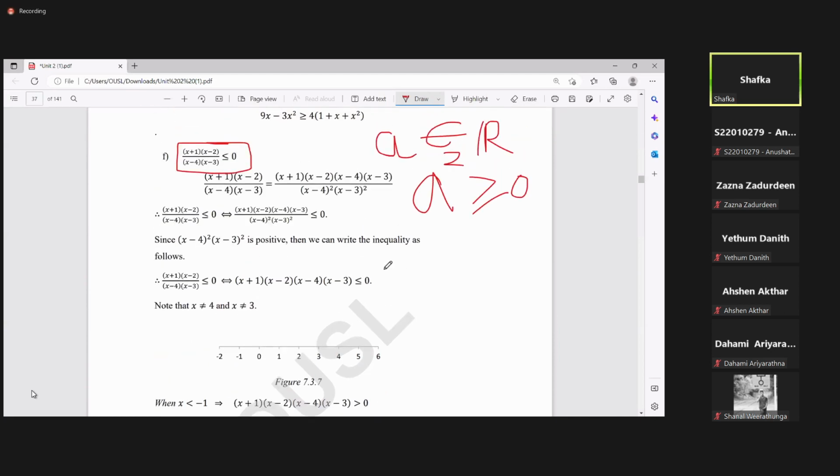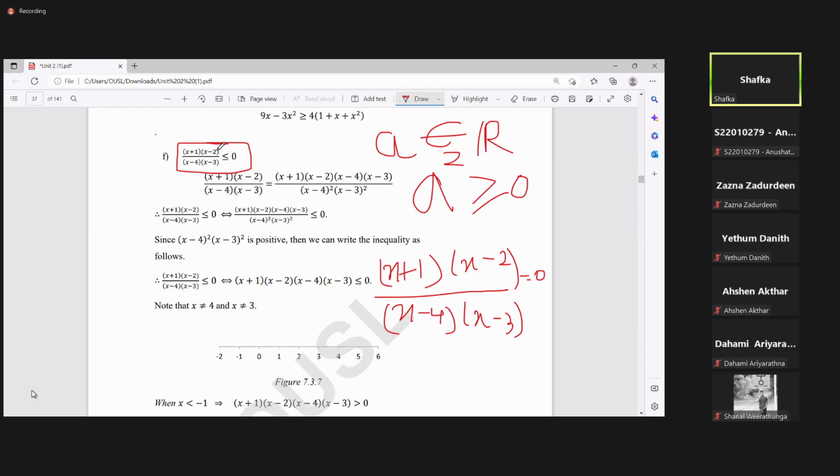So you all know that if you are solving an equation, if you have this, it is equal to 0, you can multiply both sides by x minus 4 and x minus 3. But what happens to the inequality if you have multiplied both sides by this denominator?